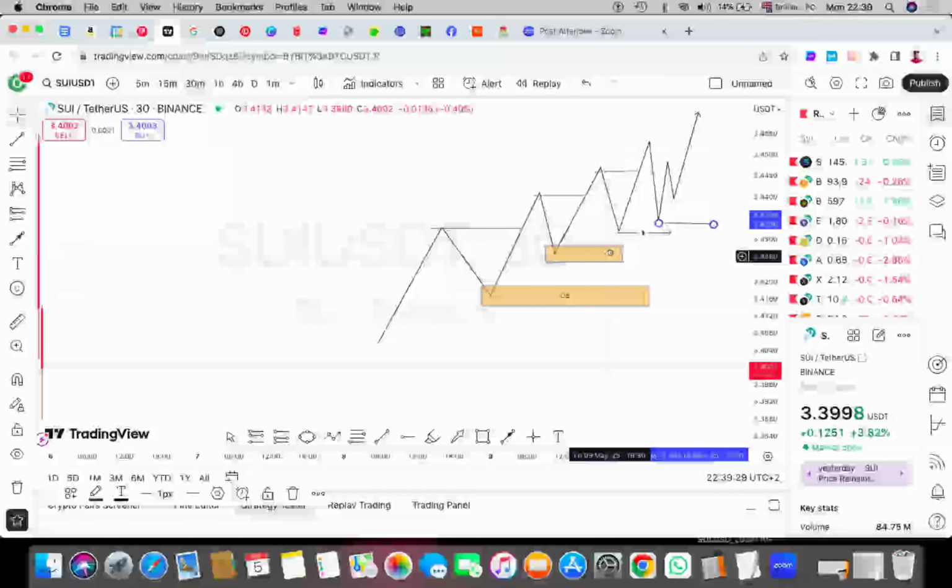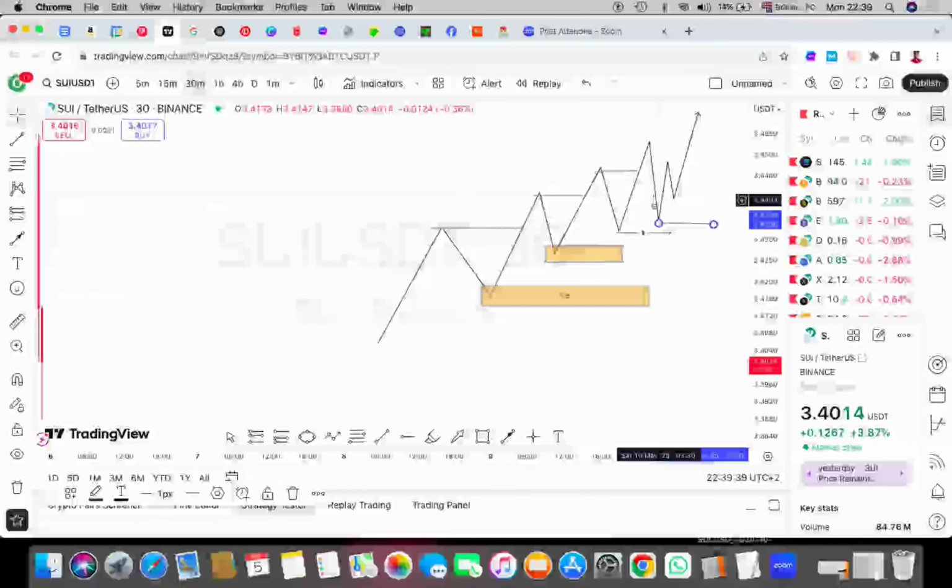The buyers were aggressively pushing it back to the upside, right? They were supporting price and pushing it back. So eventually they will push the market back, maybe in a second attempt, so as to come and mitigate these orders that have been left here.